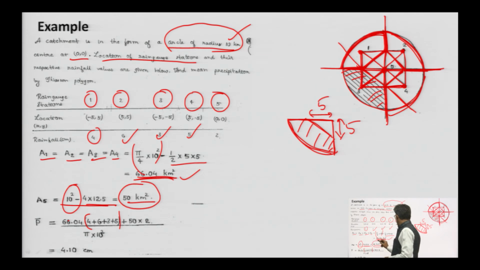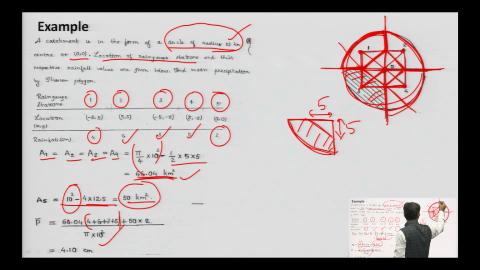Its area is 50 and the precipitation collected at that point is 2. So 50 into 2. It comes to 4.10 centimeters, meaning the average precipitation for the entire area of radius 10 kilometers will be taken as 4.10 centimeters.